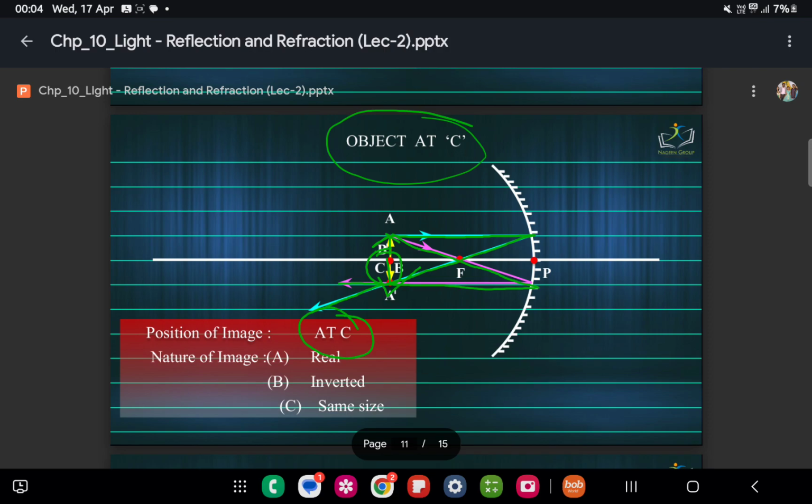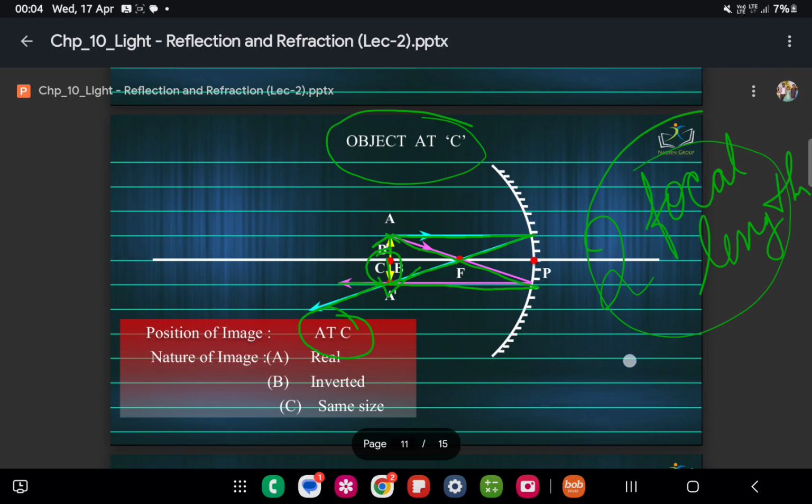It represents that the distance is two times the focal length. The radius r is equal to 2 times f. We have already learnt this.